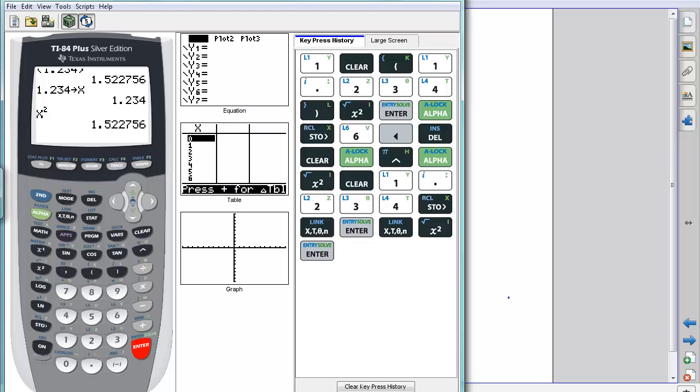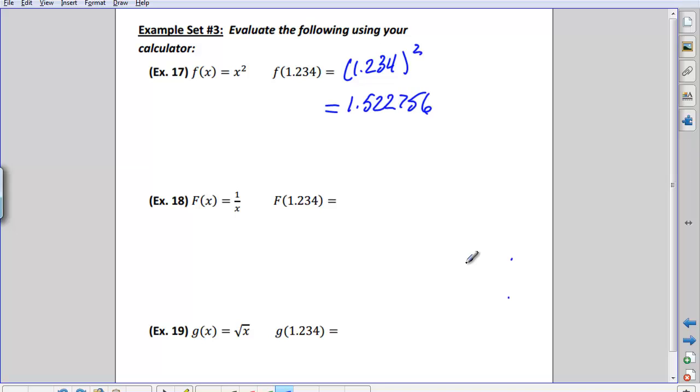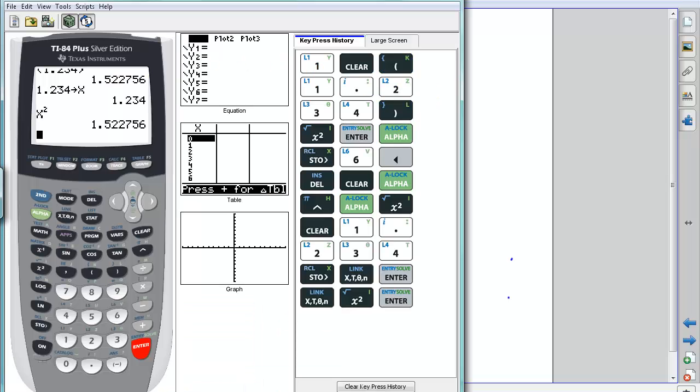And you're thinking, well, that was a lot of work just to square that number. But what's really neat is if you'll notice, these other questions were evaluating the same thing. Here's f of 1.234, g of 1.234 for 1 over x and the square root of x. Once I've got that value stored, if I need to put it in another function, I could say 1 divided by x.